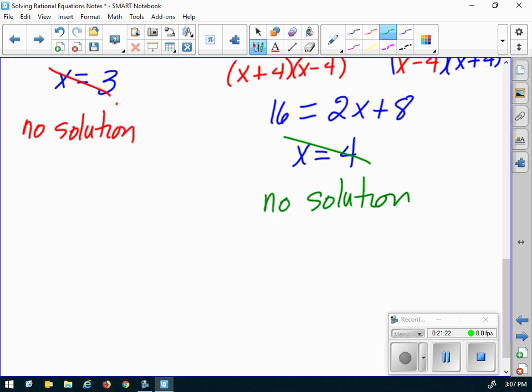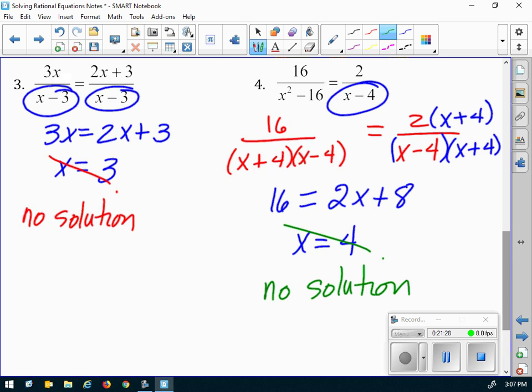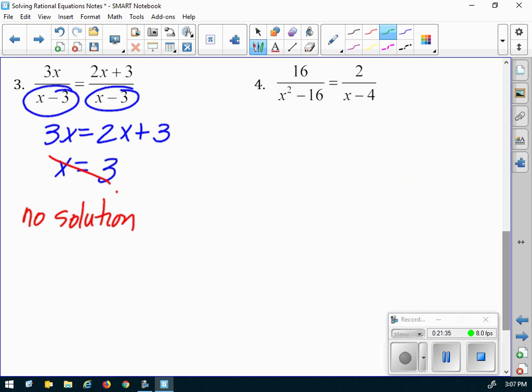Now, would you have gotten the same answer if you cross multiplied? Yes. Yep. Oh, you mean it would have been tougher? It would have been a tougher problem if you had cross multiplied? Really? You don't have to. But if we cross multiply here, look what are we going to get?